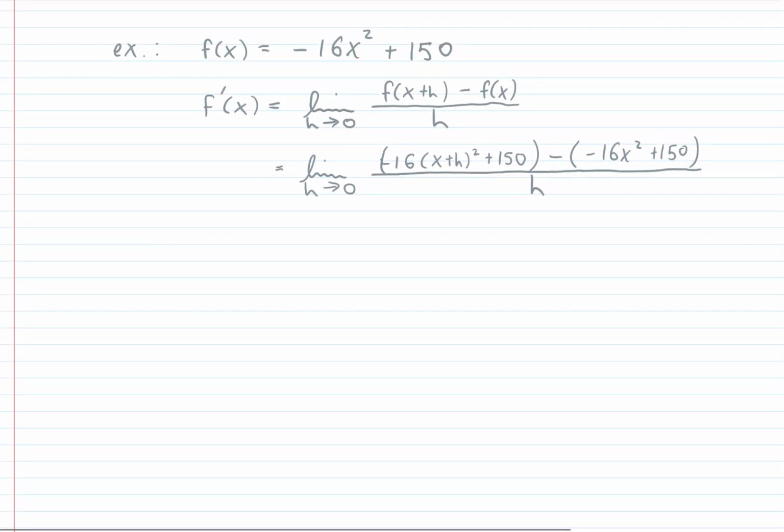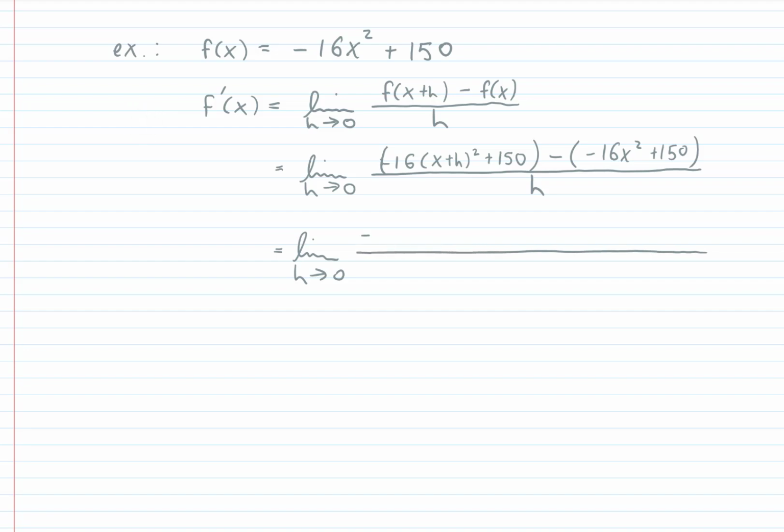Now just a bunch of algebra. So that's negative 16 times x squared plus 2xh plus h squared, plus 150 plus 16x squared minus 150, over h.